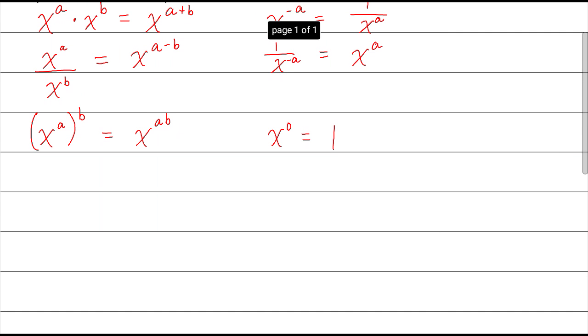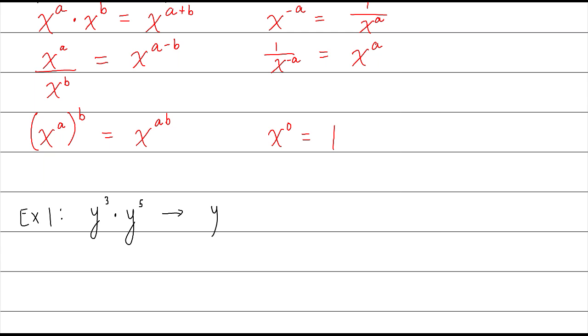Our first example here, we have y to the 3rd power times y to the 5th power. That by itself is kind of a bigger expression. I could rewrite that in a nicer form as y to the 8th power, where I simply added the two exponents together.